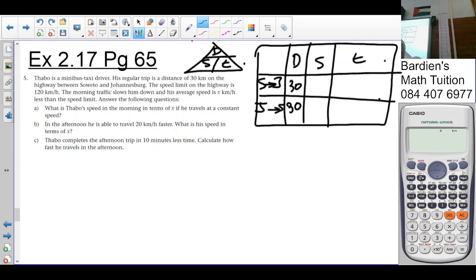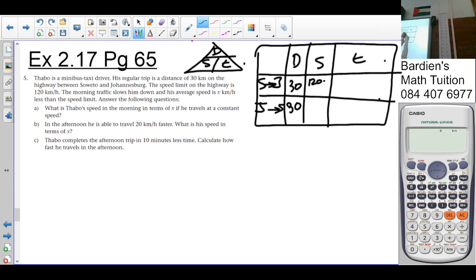So if the speed limit is 120 and he was doing 50 kilometers slower, then what speed was he doing? 70. If he was doing 20 kilometers slower, what speed was he doing? 100. And how do we get that? We say 120 minus whatever value lies here. So in this case, it's going to be 120 minus X.